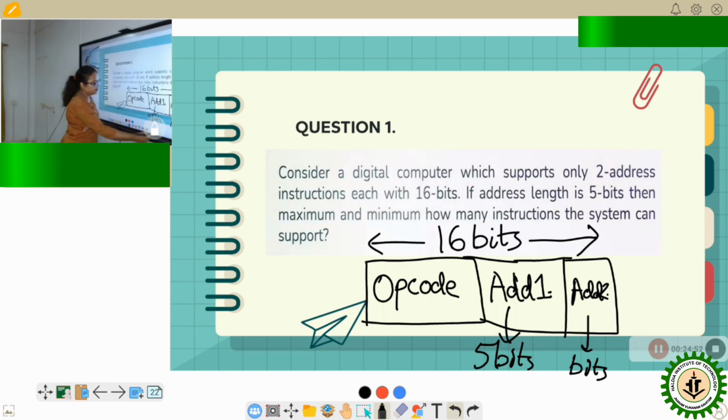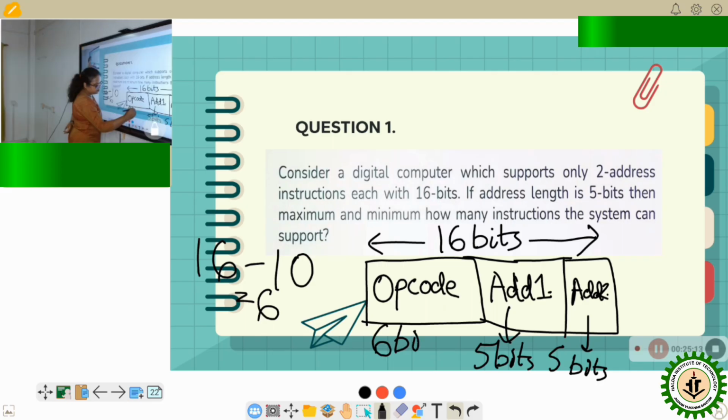What will be the value for the opcode? Total is 16, so 16 minus 10, the remaining is 6. So the opcode will be 6 bits.